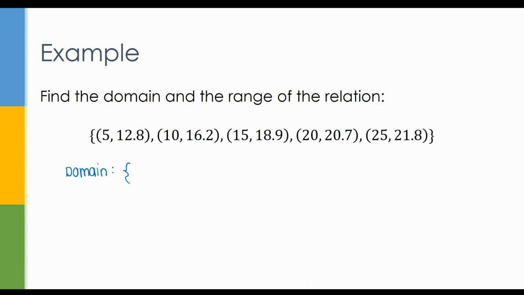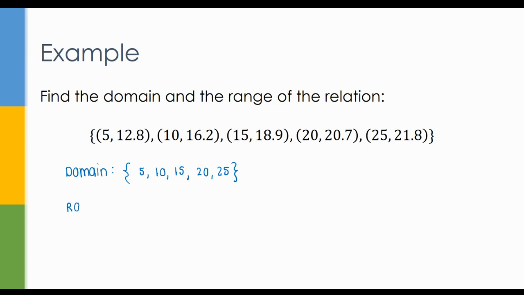And then I like to go in order from smallest number up to biggest number. If I scan all the values that are the x's in my ordered pairs, it looks like they happen to go in order from the left to the right. So 5 is the first number, that's the smallest, 10 is the next x value, followed by 15, 20, and then 25. So there is my domain.